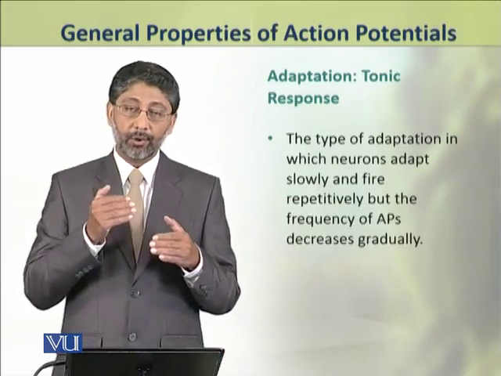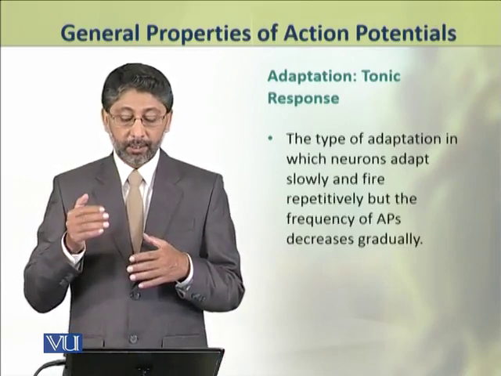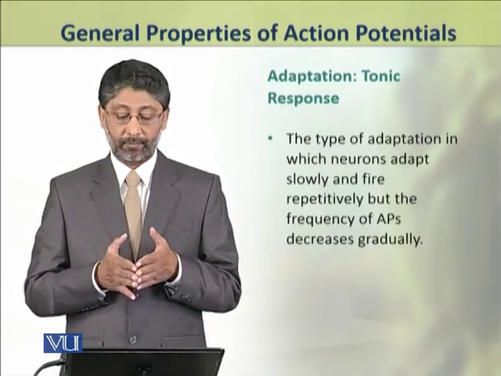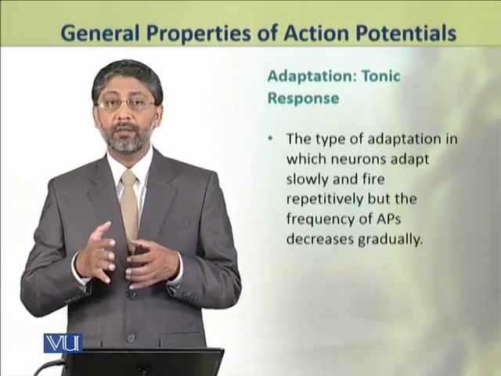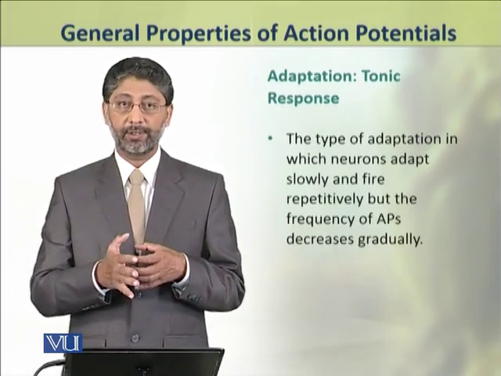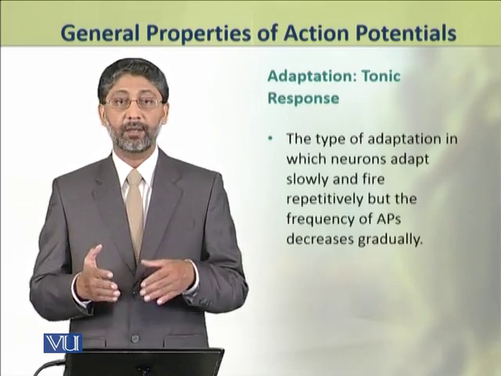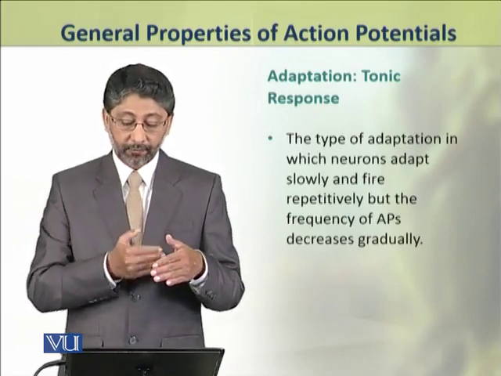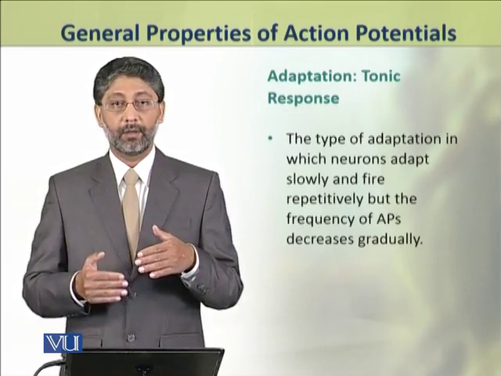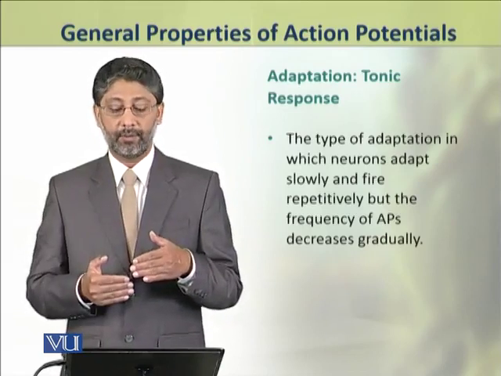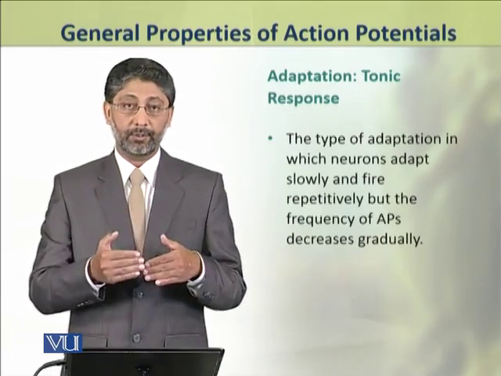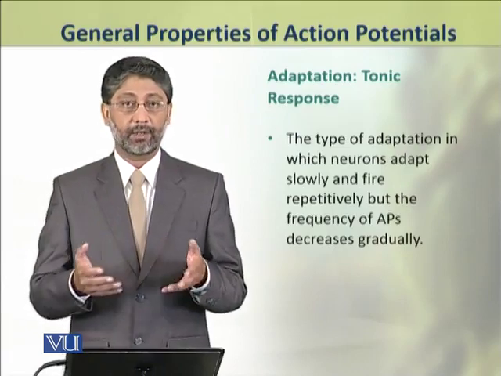While in tonic response, the neurons adapt slowly. They keep on firing action potentials repetitively, but with reducing frequency. This is a gradual decrease in production or generation of action potentials.